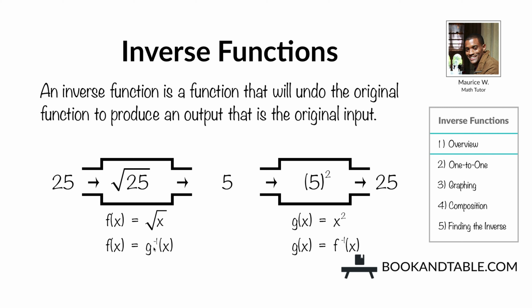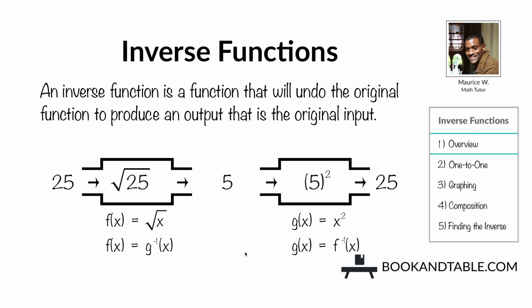This -1 between the g and the parentheses here lets us know that this is the inverse of the g function. And for g of x, that lets us know that g of x is equal to the inverse of f of x. This function is the inverse of this one. This function is the inverse function of this one.